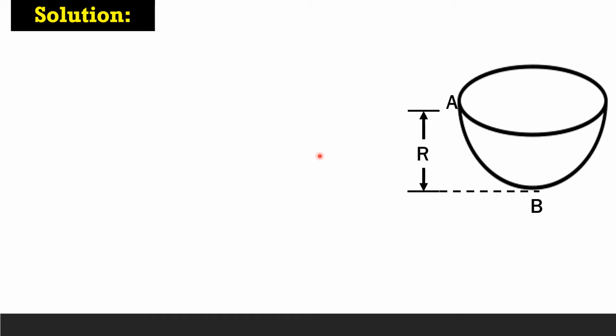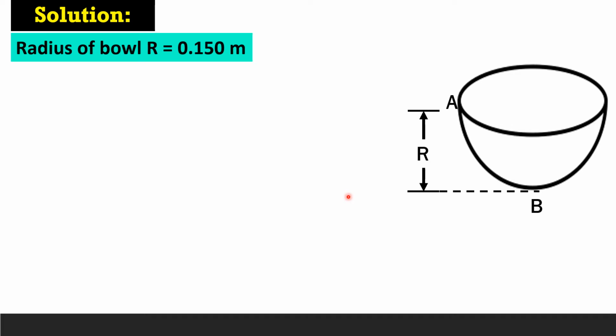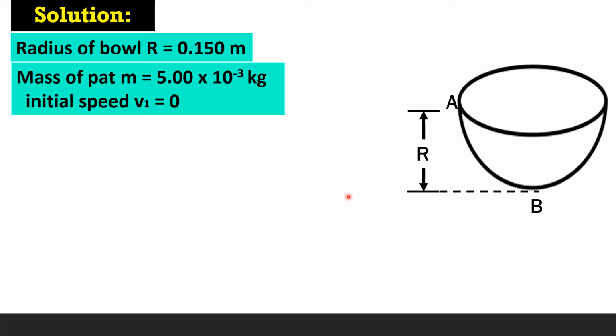Okay, so this is how we're going to solve this problem. We know that the radius of the bowl is given, R equals 0.150 meters. The mass of the pat of butter is also given, 5 times 10 raised to the negative 3 kilograms. Since the pat of butter will be placed at point A, initially its speed is 0.